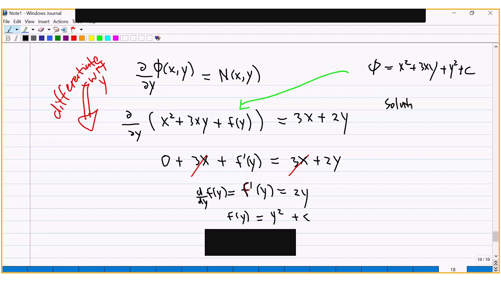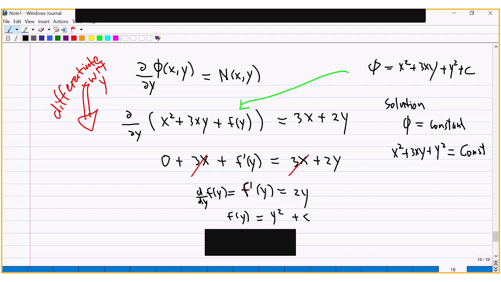The solution is just, this is a constant. So the solution of this is constant, which means x squared plus 3xy plus y squared plus c is a constant. So c being over, this is constant. Okay, so this is how you do the exact equation.